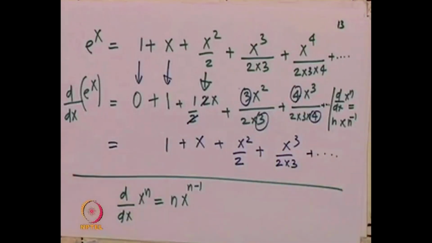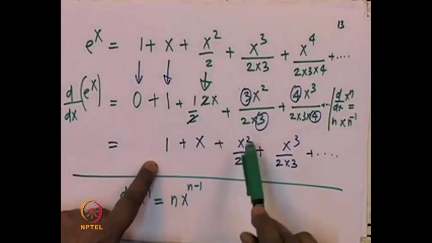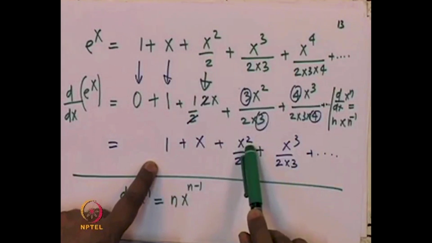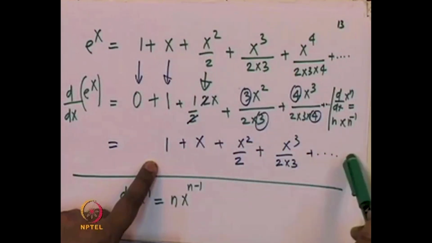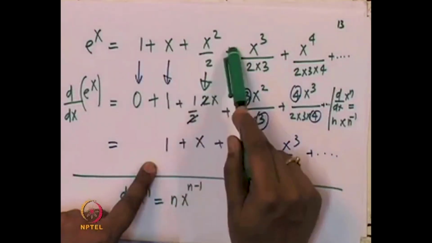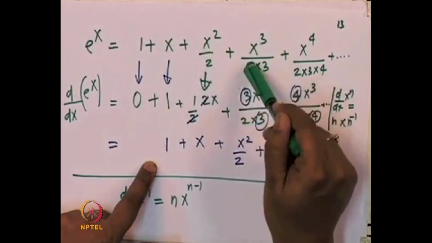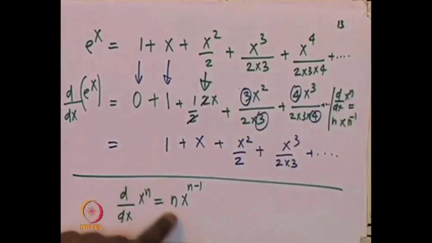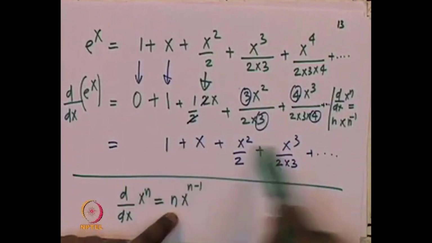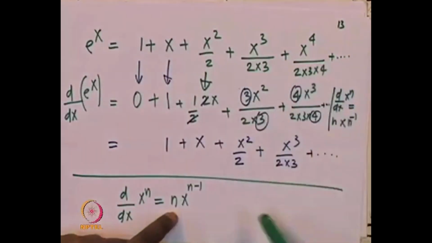So, what did we get finally? Let us compare what we got here and what we had here. We got 1 plus x plus x square by 2 plus x cube by 2 into 3 and so on. And what do we have here? 1 plus x plus x square by 2 plus x cube by 2 into 3 and so on. So, this and this are exactly the same.